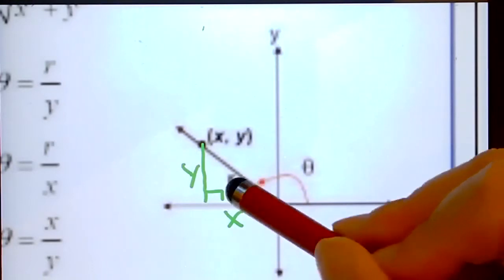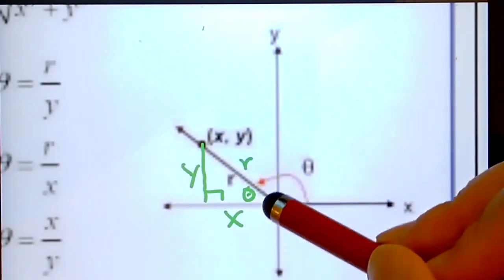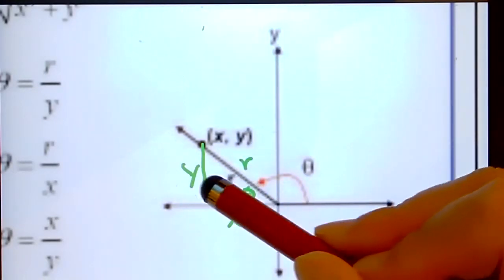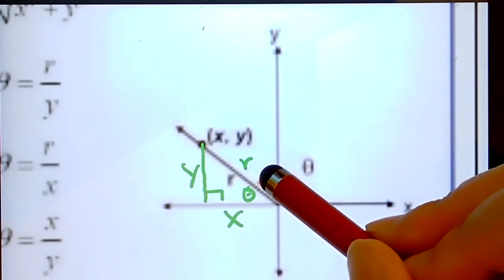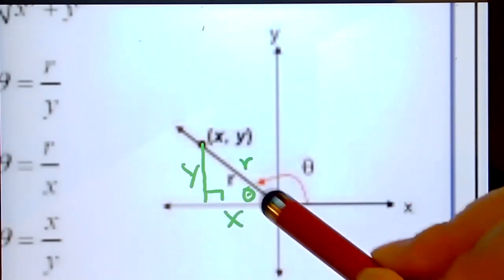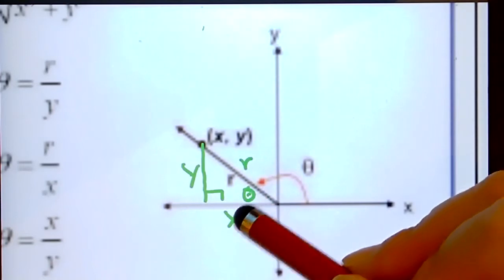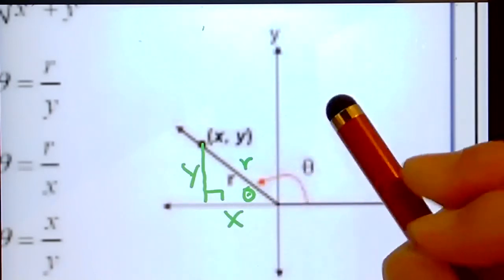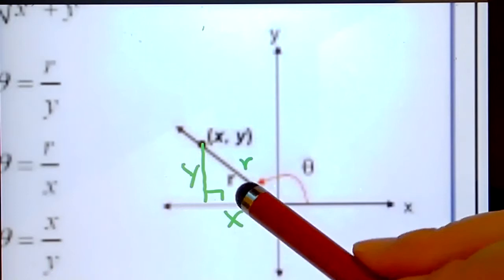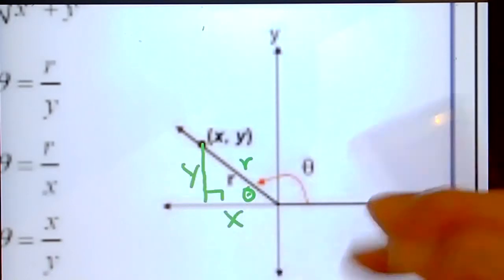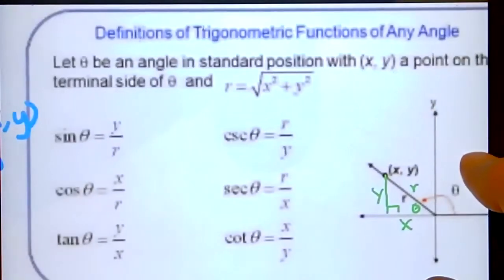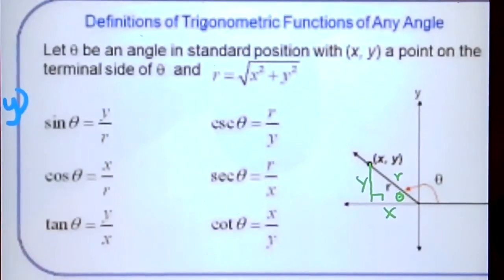So if this is our theta and this is my r here, then my sine is going to be opposite over hypotenuse, which is y over r. My cosine is going to be adjacent over hypotenuse, which is x over r. My tangent is y over x. So that's where all of these values came from.